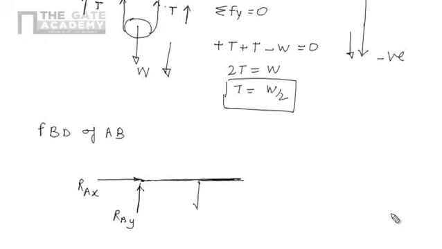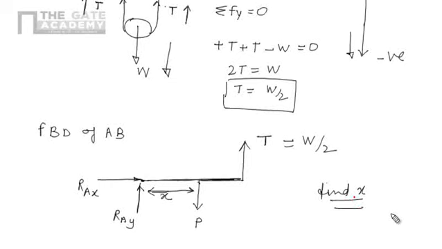P is already acting on the body, suppose at distance x, and here the tension in the string is uniform, so again it will be T, and we know T is W by 2. We are interested in the value of x. We have to find x.